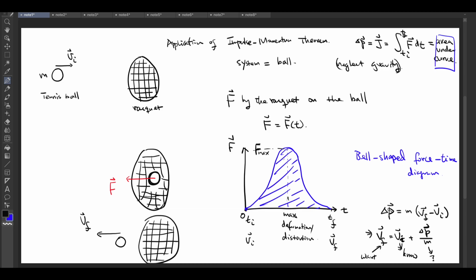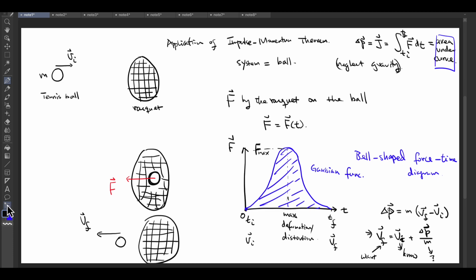Suppose we know it's bell shaped, and we could have some Gaussian function to imitate this bell shape. That's just one example. So with a Gaussian function, we can do this integral of the area. Then we can calculate the delta P or J, and then we can figure out the V final.